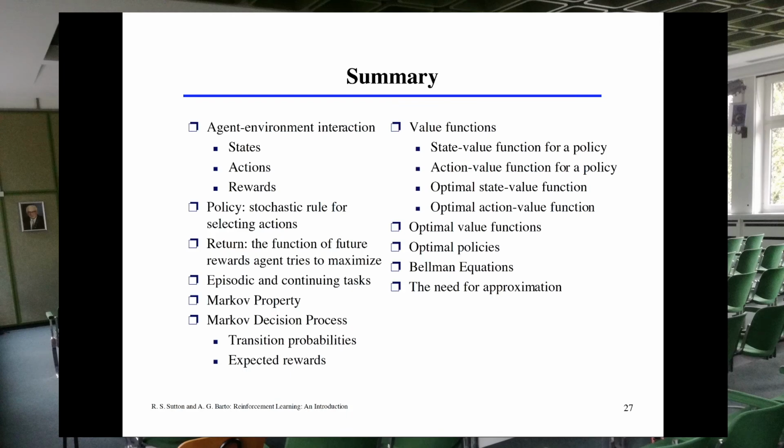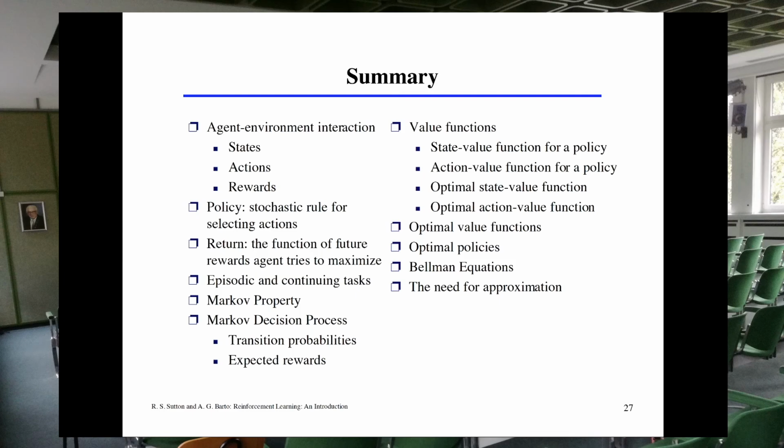So in summary, from this chapter you should be able to understand very well what the states are in a reinforcement learning problem, what the actions are, and how the rewards can be defined. You should also understand what a policy is, this function that will let you know what is the best action to be selected. In this case, we have defined that policy as a stochastic function.